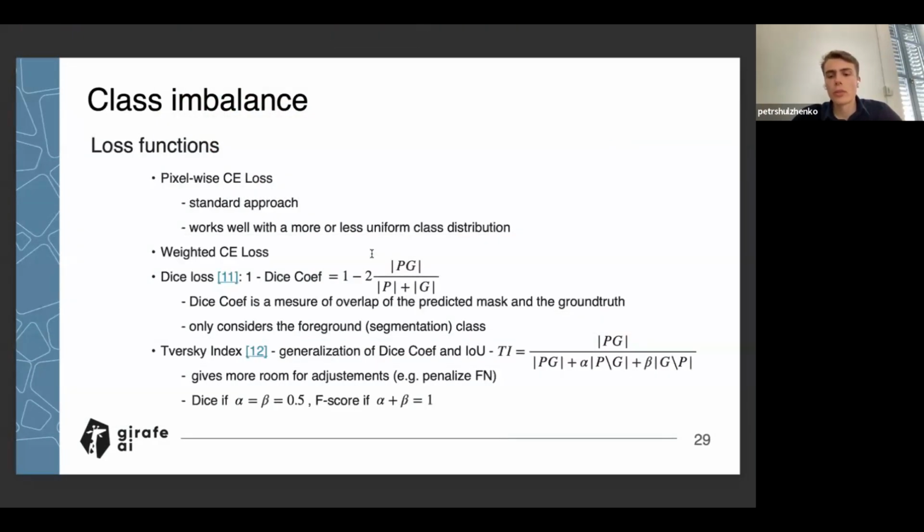For this, you have to adapt your loss function, because the standard loss function is pixel-wise cross-entropy loss, but it works well only with more or less uniform class distribution, which is not the case here, because, yeah, it's pretty obvious that it treats every pixel independently.